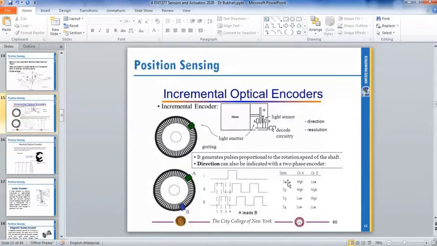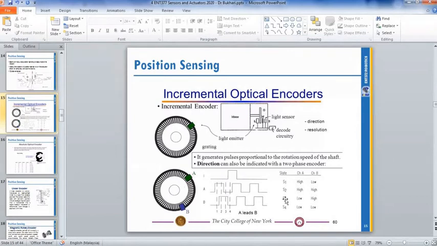For example, state 1: sensor A high, sensor B low. That means one detects the window, one detects the block. Then state 2: sensor A high, sensor B high. That means both detect block.